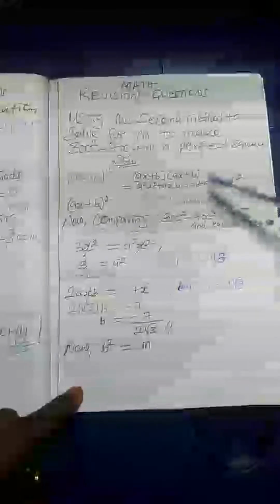So we can find b now. See it here, when you compare, b squared is equal to our m here after the expansion. So our b is equal to minus 7 all divided by 2 root 3.